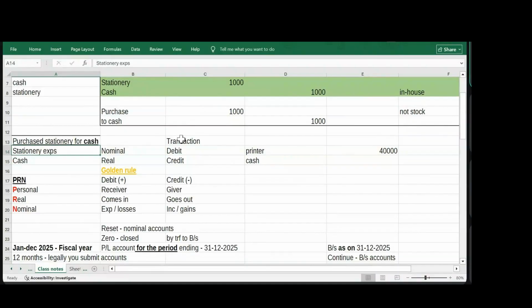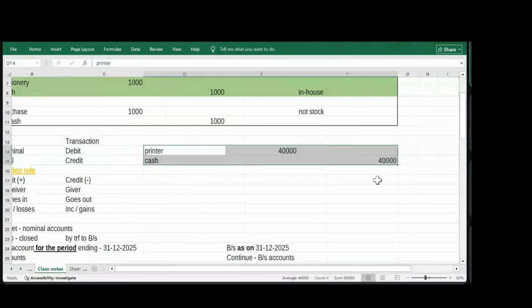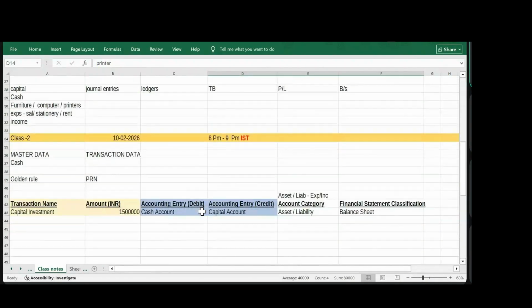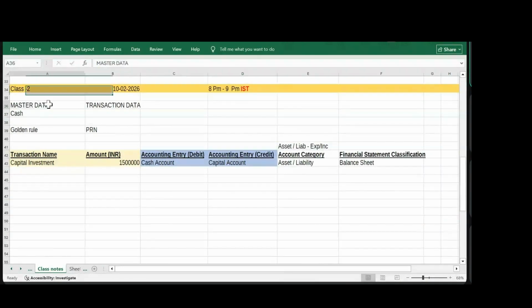The transaction data is this is one transaction, this is another transaction. There can be many more transactions which keep happening by using the master data. That is what I meant when I said master data and transaction data.